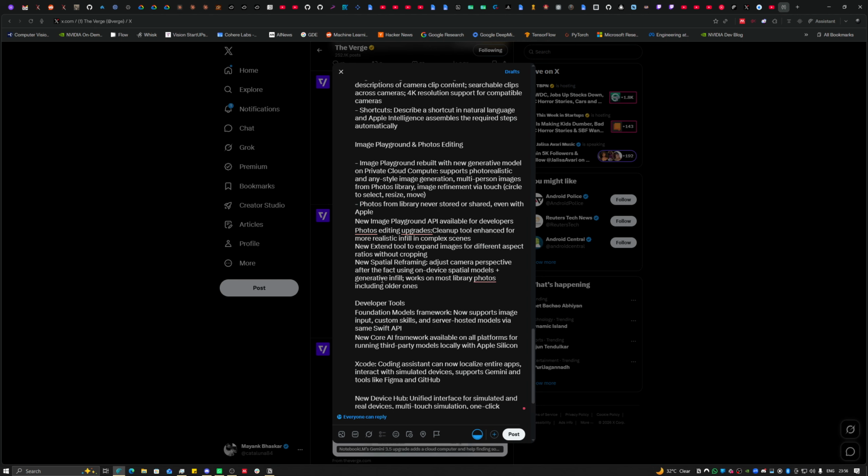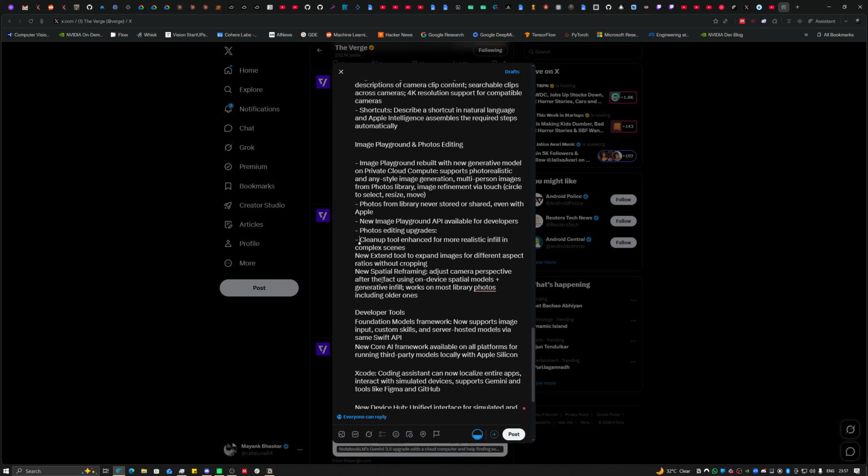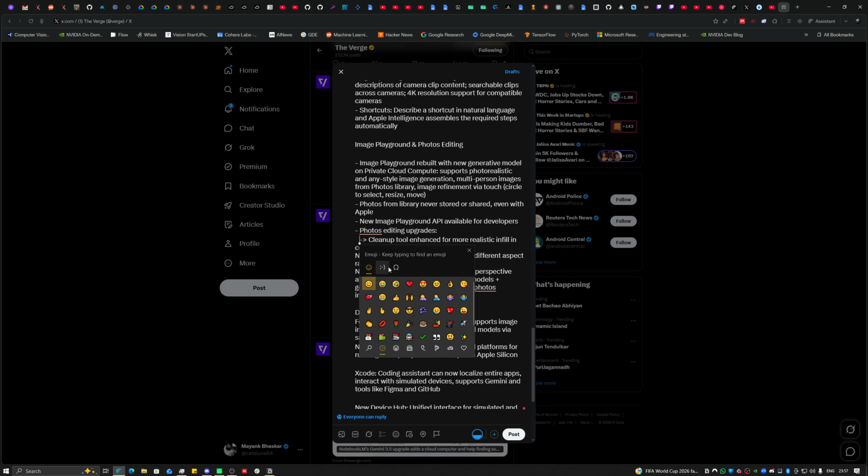Image Playground and photo editing features are quite good. It is not state of the art in any way, as they have existed in different forms in research previously.